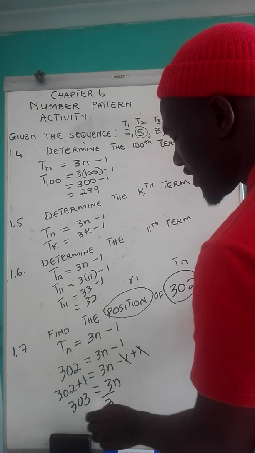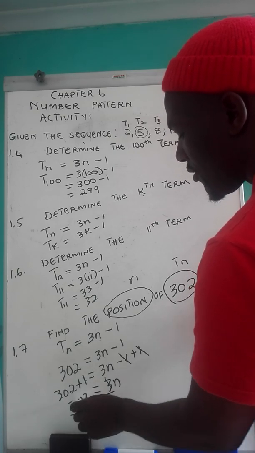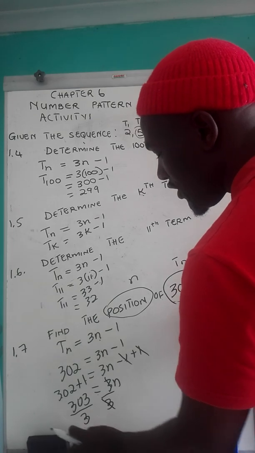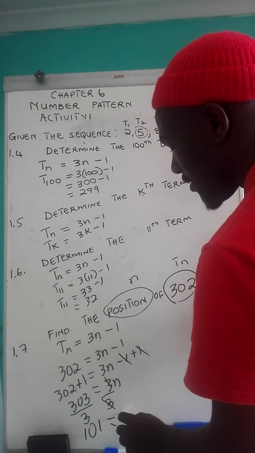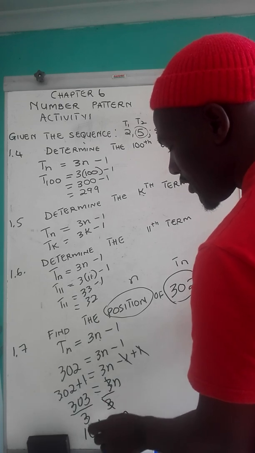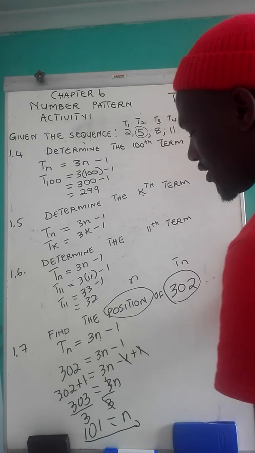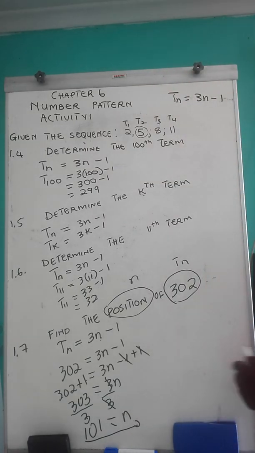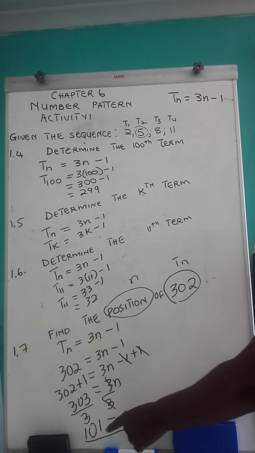Divide by 3 both sides. 3 goes into 303 how many times? 101. 303 divided by 3, it's 101. So the position is 101. The position of 302 is 101.